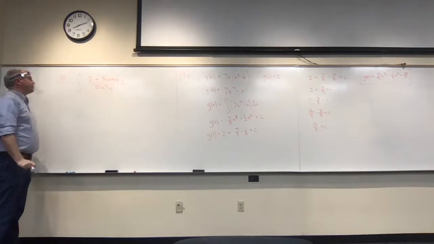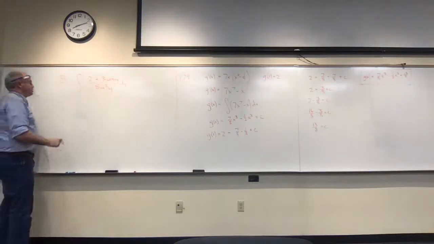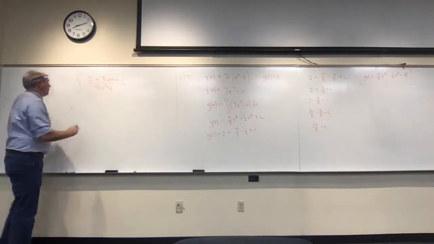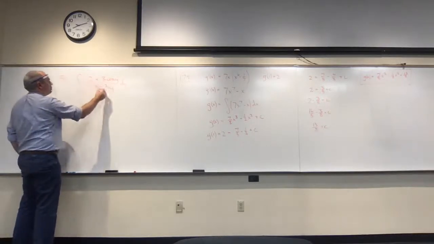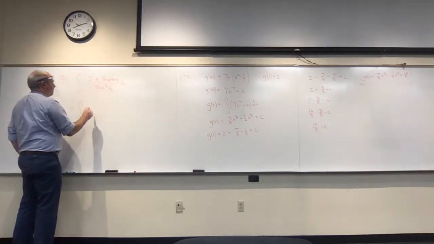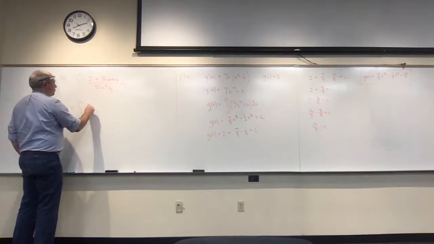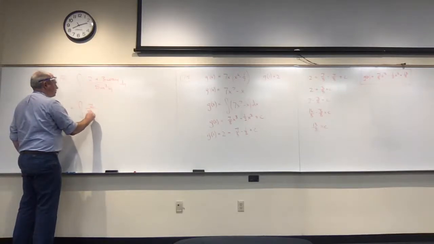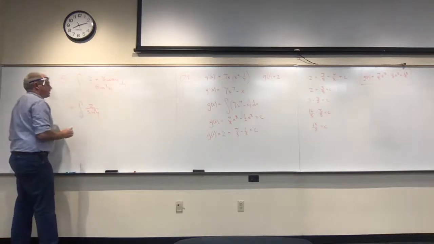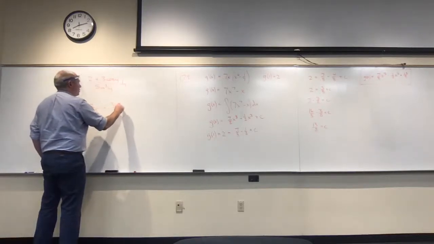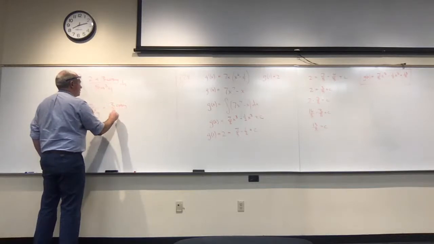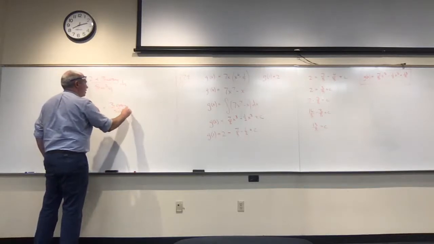Okay. So I think we need to rewrite this. First thing I see is we've got 2 over sine squared of y. So let's rewrite it by breaking it into 2 fractions. We've got 2 over sine squared y, plus 3 cosine y over sine squared y dy.